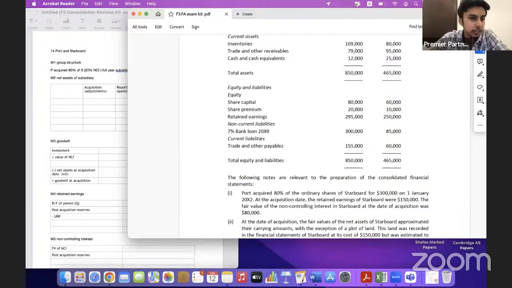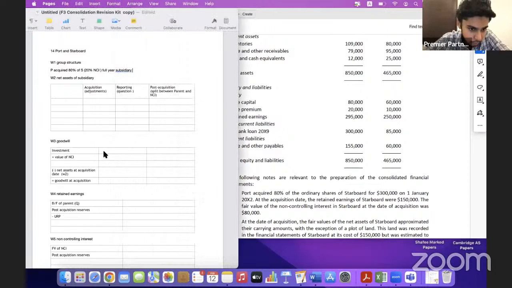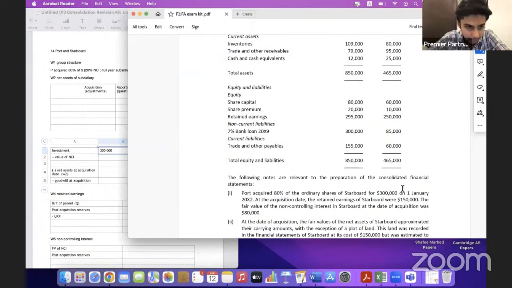In simple words, for how much did you buy the company? How much did you pay? That's what we call investment. So here we invested 300,000. That should go to my goodwill working, for how much we bought the company: 300,000. On 1st of January 2002, at the acquisition date, the retained earnings of Starboard were 150,000.